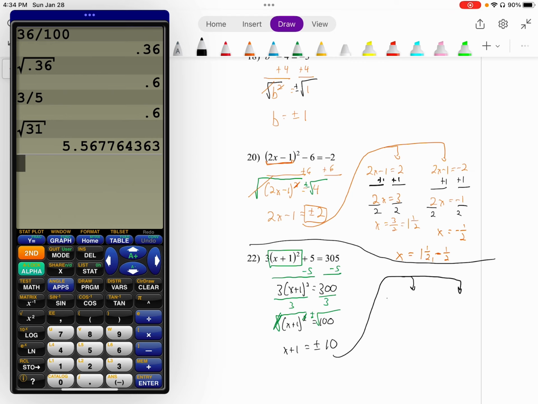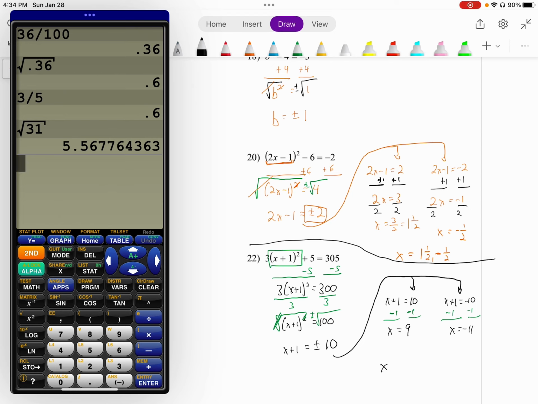So either x plus 1 equals positive 10, or x plus 1 equals negative 10. And we solve each of those little equations, which is pretty easy in this one. Subtract 1 from both sides, and one of our answers is 10 minus 1, which is 9. And then on the other equation, we subtract 1 from both sides, and we get x equals negative 11.